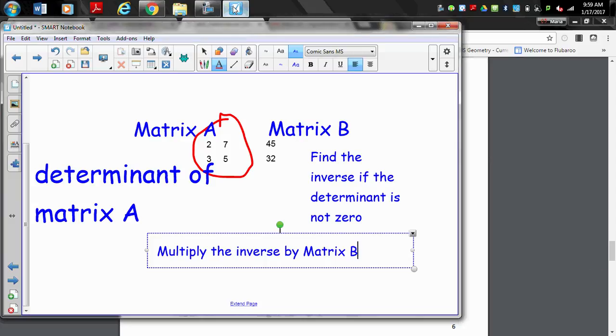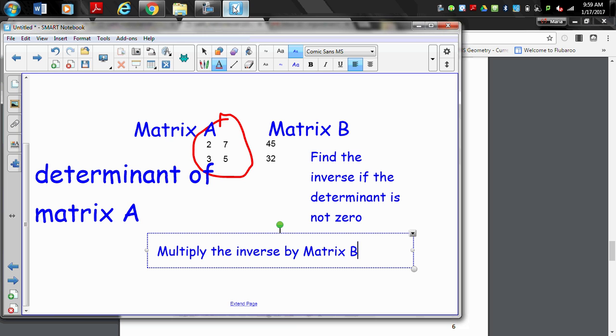Step 2, find the determinant of matrix A. Step 3, find the inverse if your determinant is not 0. Step 4, multiply the inverse by matrix B. All right, so we have our 4 steps.